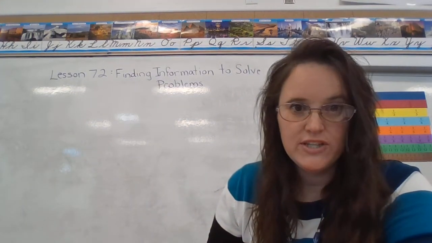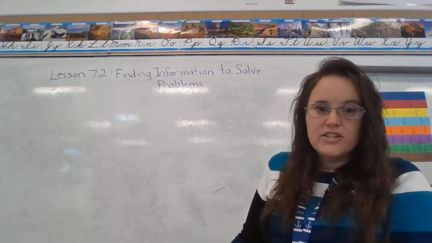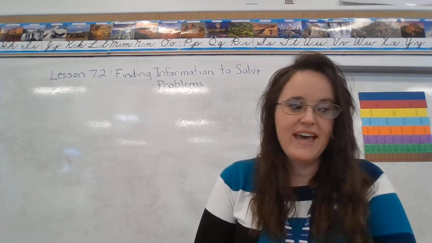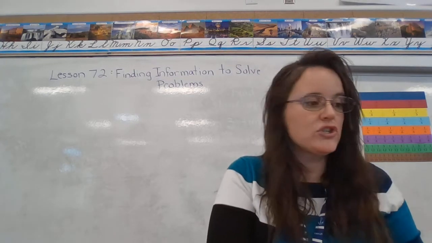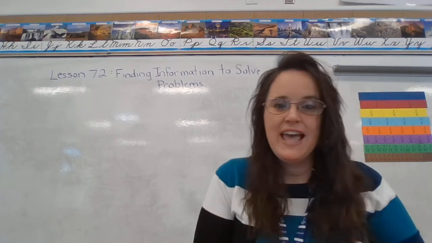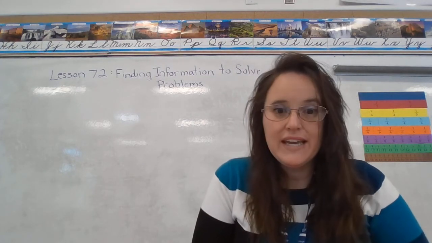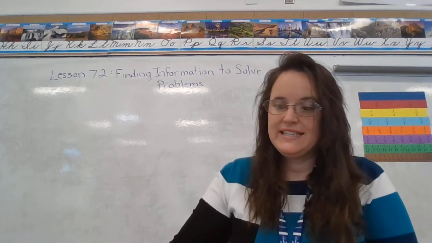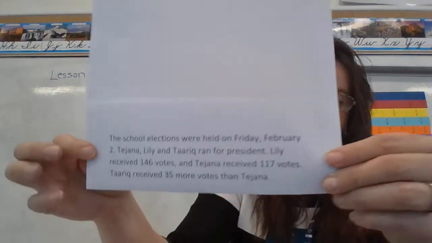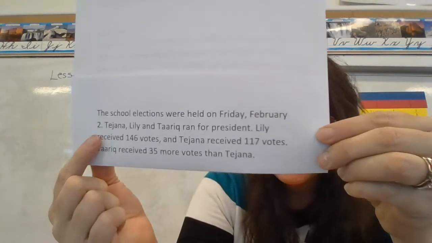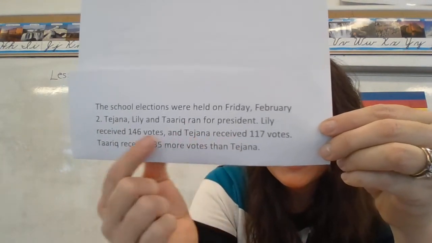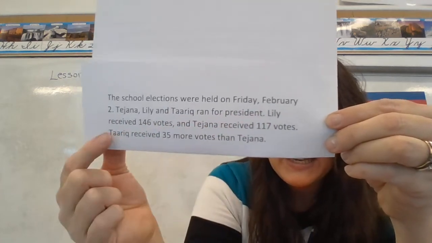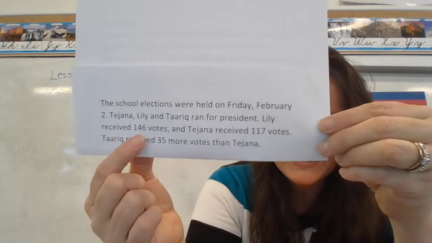So, there's no question in this one to start. We are just going to identify different bits of information that it gave us. So my first question to you is, how many votes did Tariq receive? Does this tell us? So let's look again. It tells us right here, Lily received 146 votes.